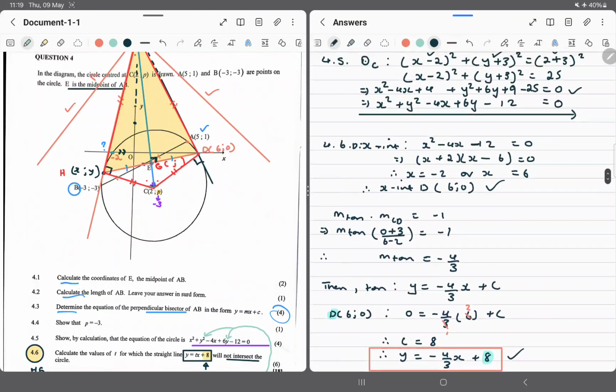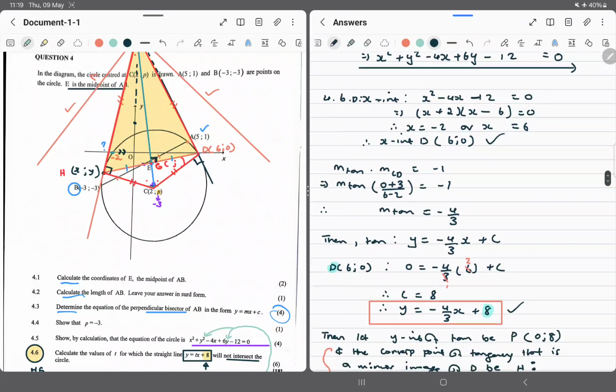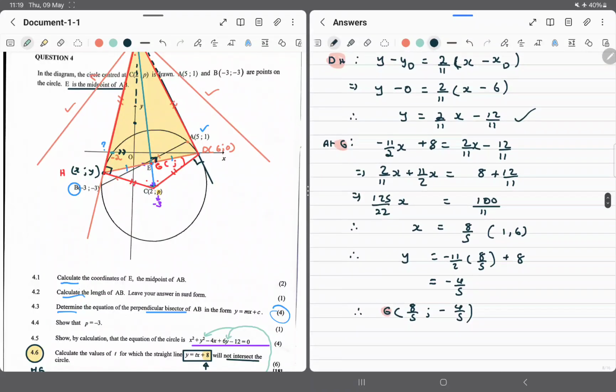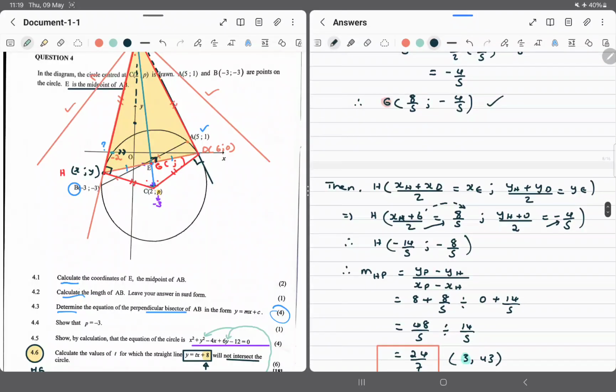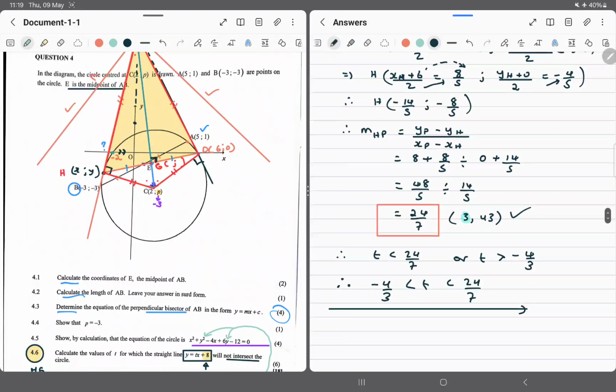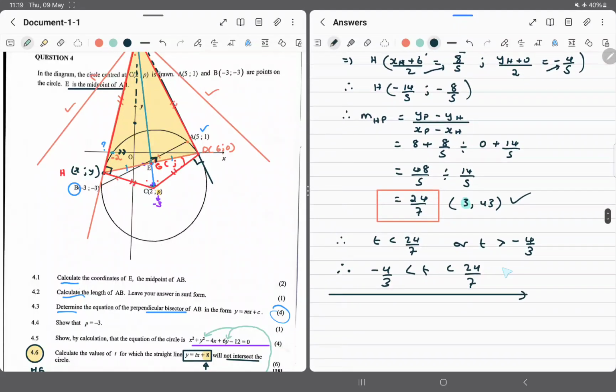How many marks do we have so far? We have 1, 2, 3, 4. Okay. 5, finding those coordinates of G. And then 6, finding this. Probably more marks because the answer has to come out.